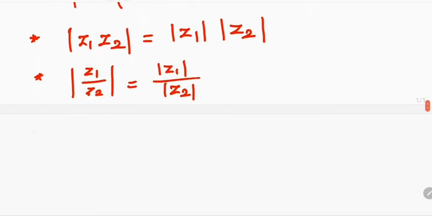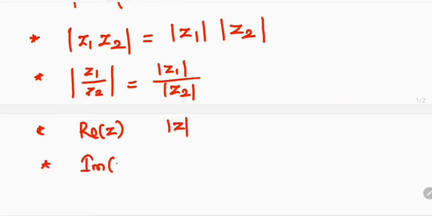Okay, so next property, we are going to compare the real part of z and modulus z, and in the same way the imaginary part of z and modulus z. For that I'll take one example.